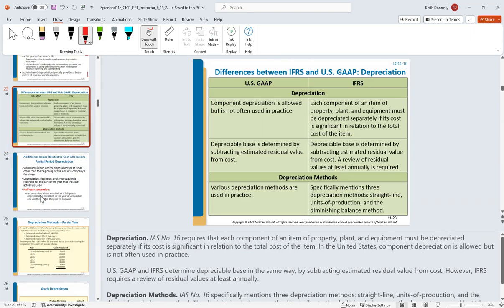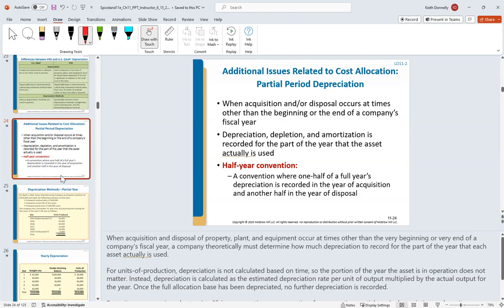Don't worry about IFRS stuff. Let's talk a little bit about additional issues with partial period depreciation. So it says here when acquisition and or disposal occurs at times other than the beginning or end of the year, we're going to have partial period depreciation. So, we buy an asset right here, we're only going to depreciate it maybe 3/4 of the year.